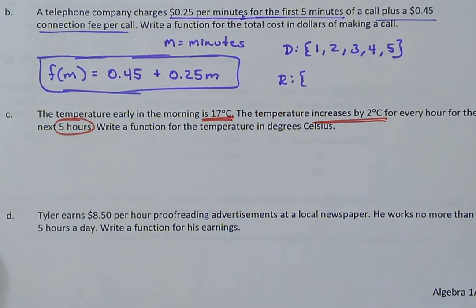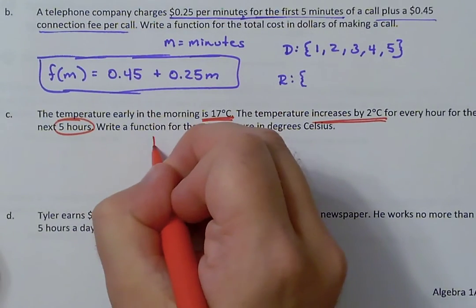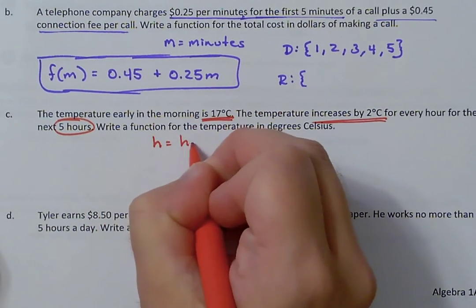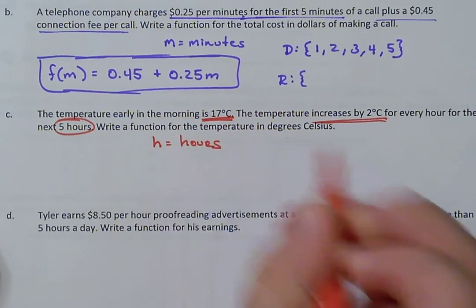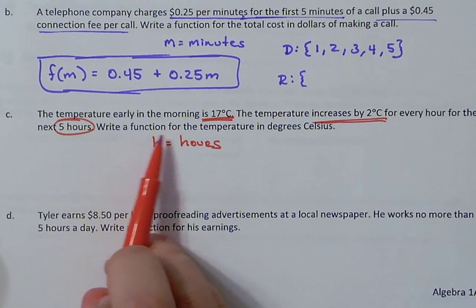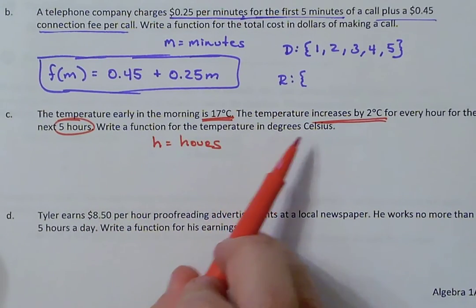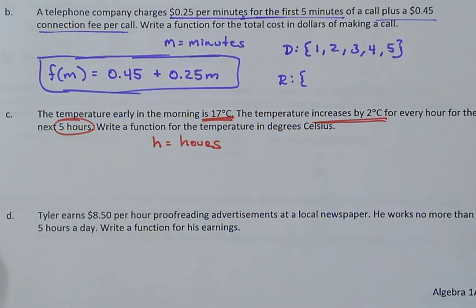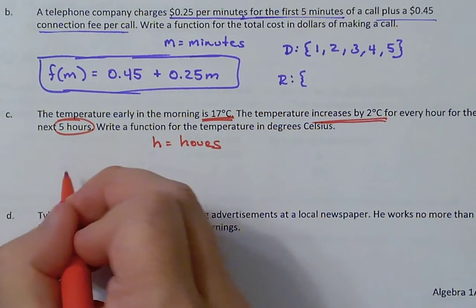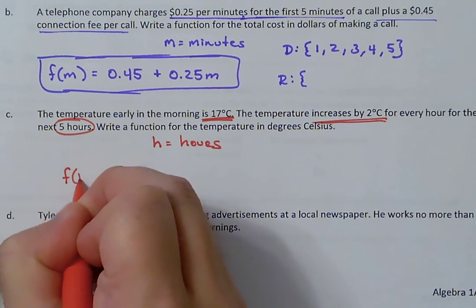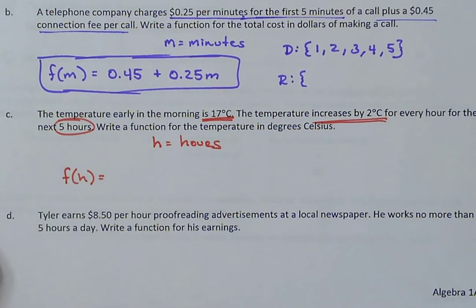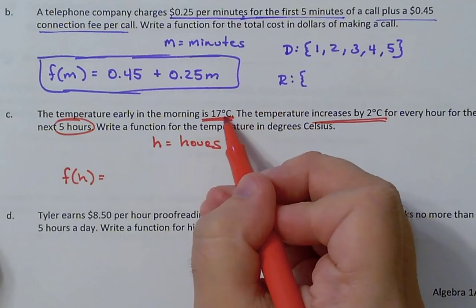So if we go through and do this, my variable is going to be h for the number of hours, because we want to write a function for the temperature in degrees Celsius over the hours of the day. So my function is f of h. Temperature starts at 17 degrees in the morning.